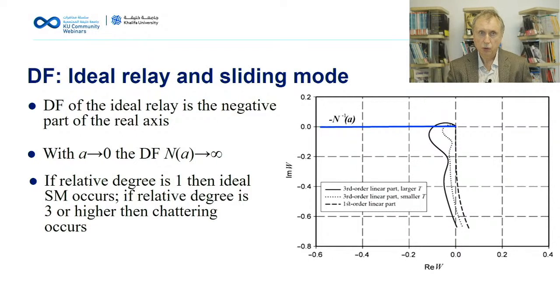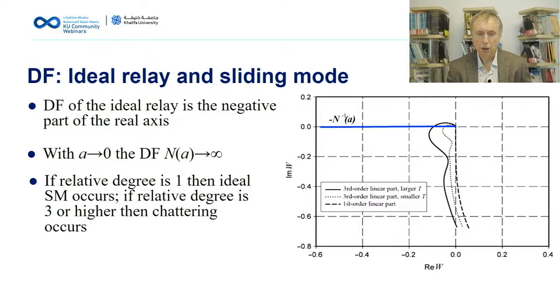And for sliding mode control systems, that would constitute chattering. So the system for which the linear part is represented by the dashed line doesn't produce chattering, and the systems represented by dotted or solid lines would produce chattering.